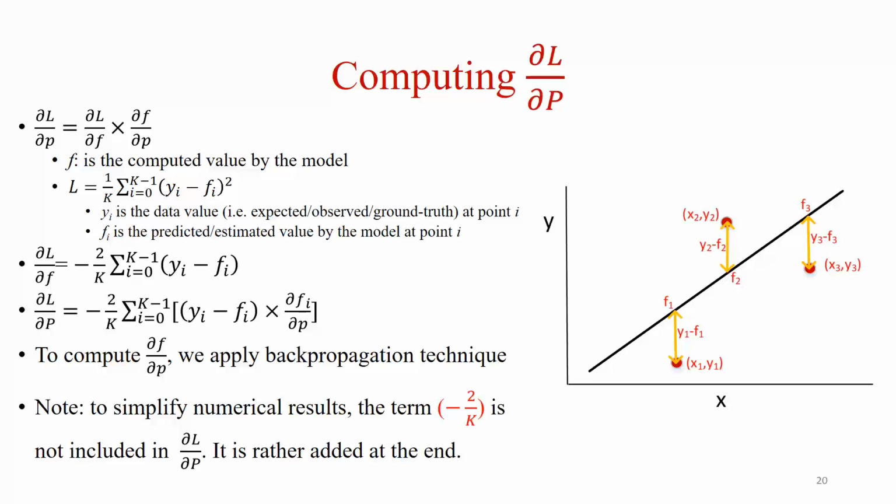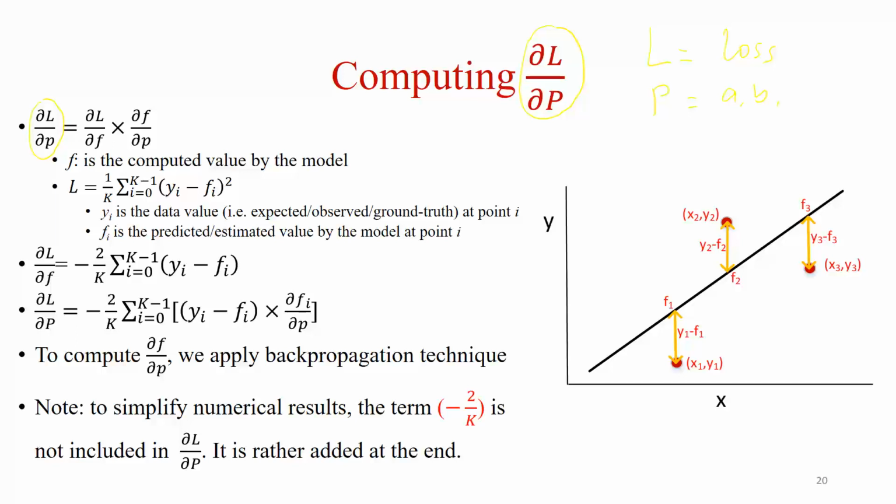A key thing in the backpropagation algorithm is this delta L over delta P, where L is my loss function and the P are the parameters: A, B, the weights, the biases, etc. It is important to compute this delta L over delta P, and it turns out we can use the chain rule to simplify the computation.